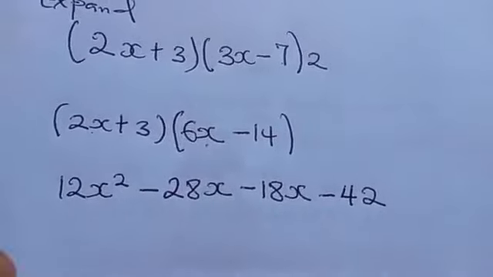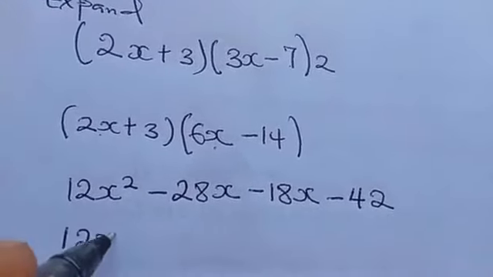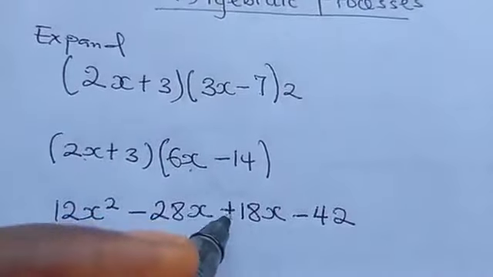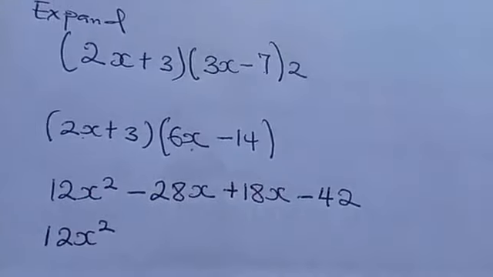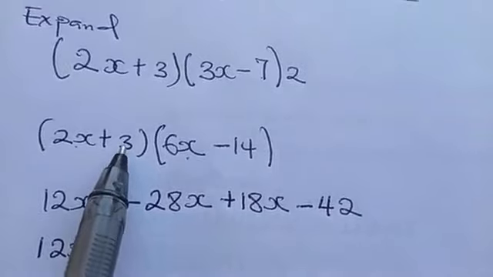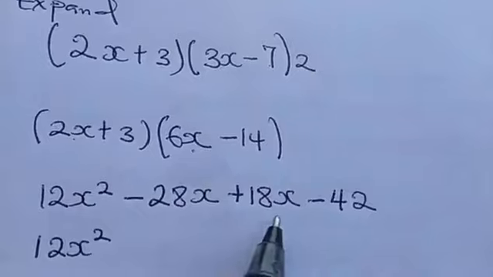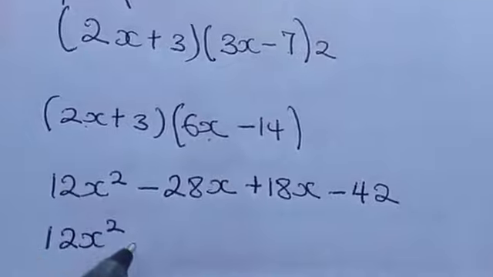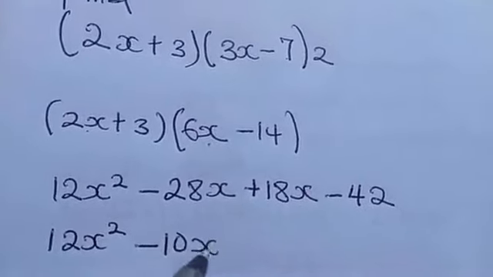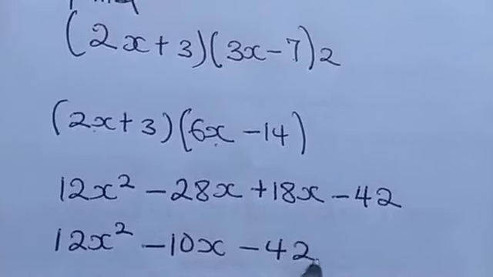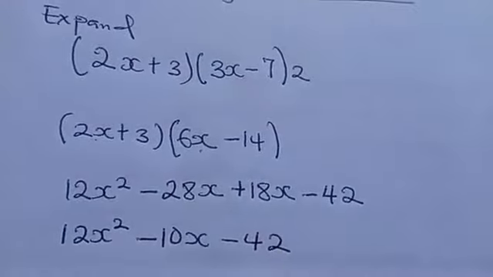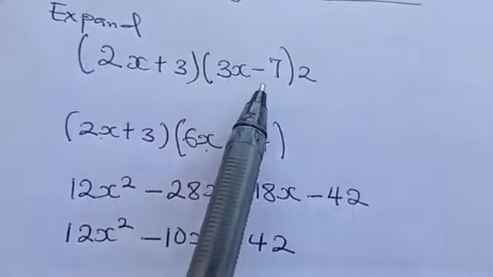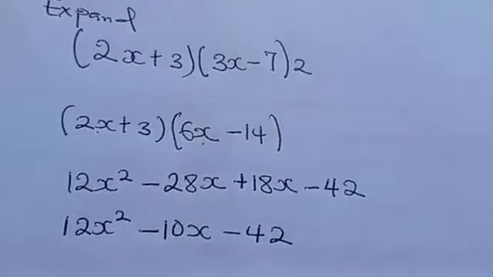So from this, we have 12x squared minus 28x plus 18x, because 3 times 6x is equal to 18x. So minus 28x plus 18x is minus 10x. Then we have minus 42. So this is the expanded form of this algebraic expression, (2x + 3)(3x - 7) times 2.